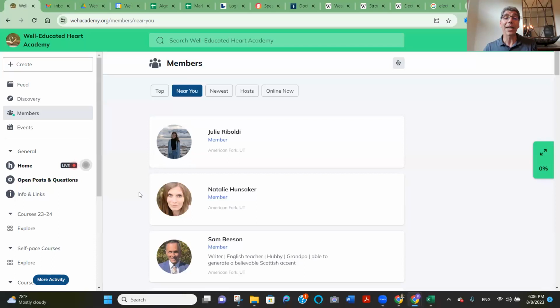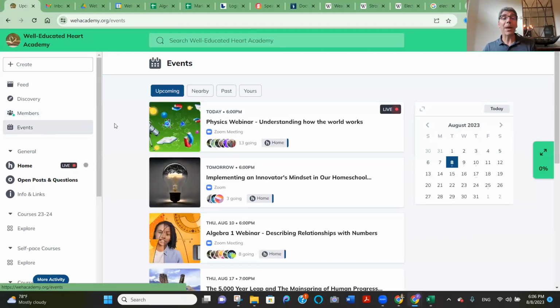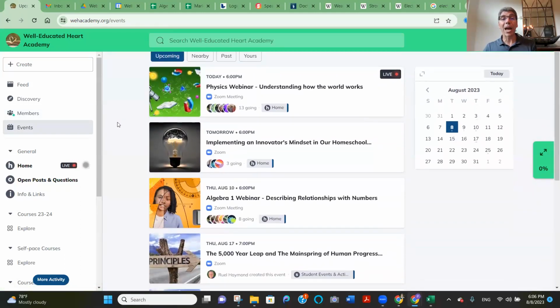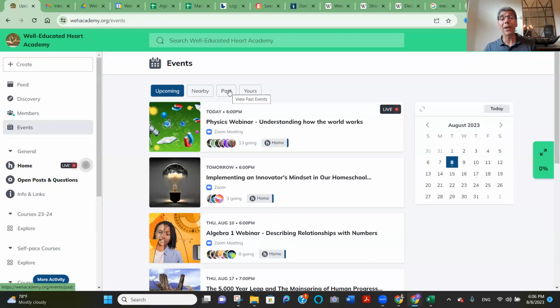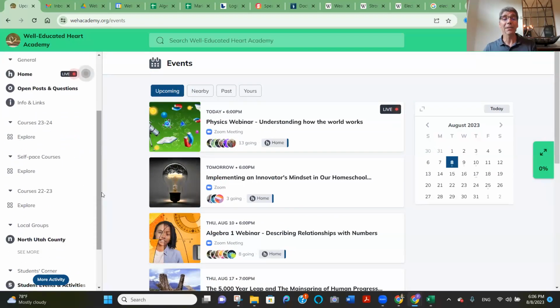That way you can find other families that are also in the academy. The events page shows you all the upcoming events or past events that we have had.